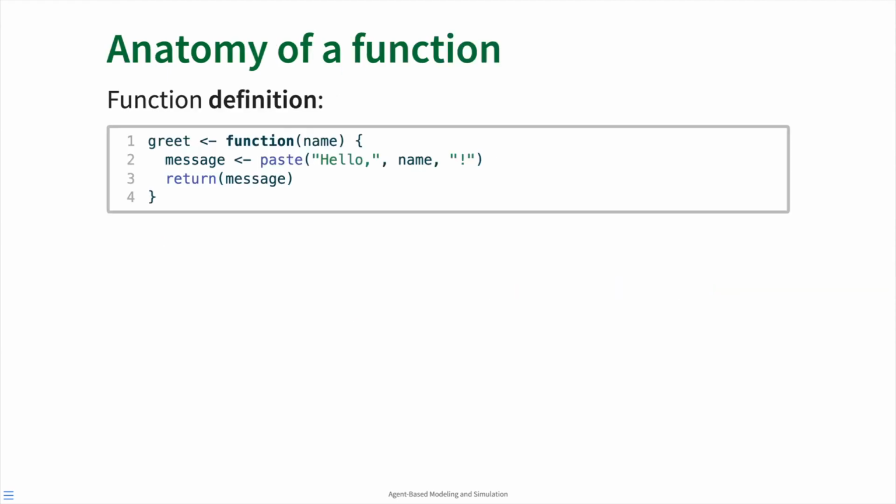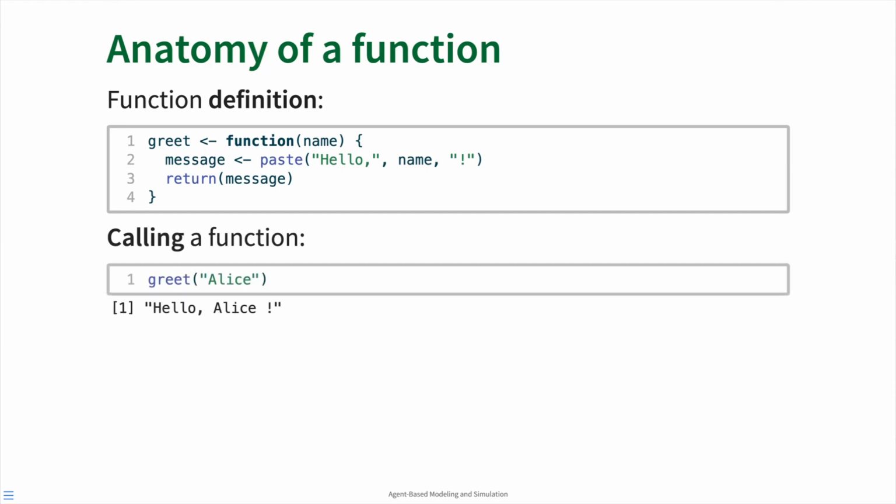Now, before we can use a function, we have to define it. By that, we mean that we have to specify what is the code that is to be run each time that we use the function. Here's an example of a definition of a function called greet, and we will break down how these definitions work over the next few slides.